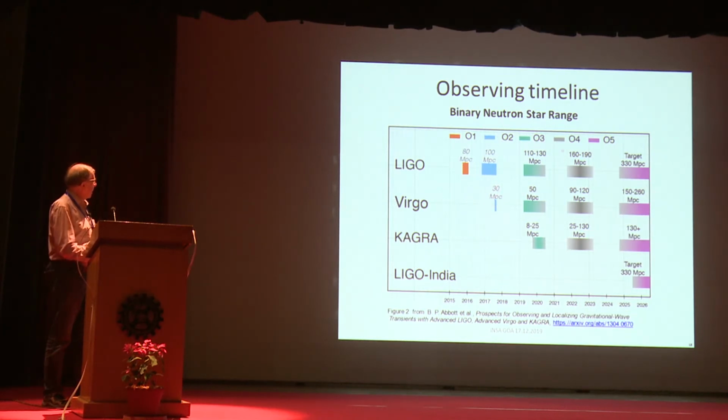Now we are in the middle of the third observational round, which will last for 1 year, and I will speak about it at the end of my talk. And here the KAGRA detector should join. Then there is the next round planned, which will be O4. There will be a break of 20 months with further upgrades.